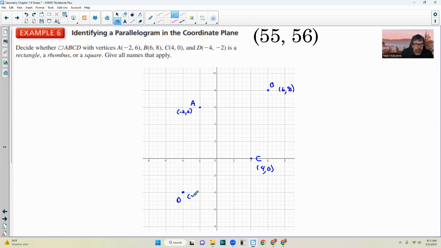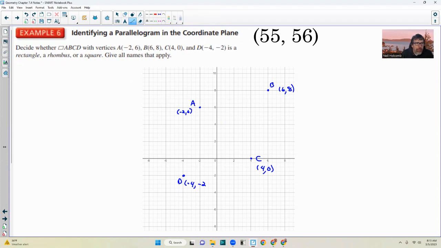And D was -4, -2. And I just noticed by doing that, I made a mistake. So let me erase this. I did not put D in the right location. It's -4, -2, which is up here. And that's one of the other reasons why you should always label. I found a mistake.